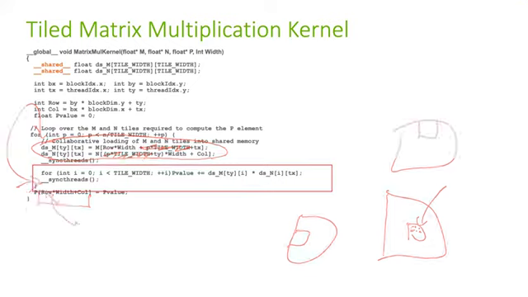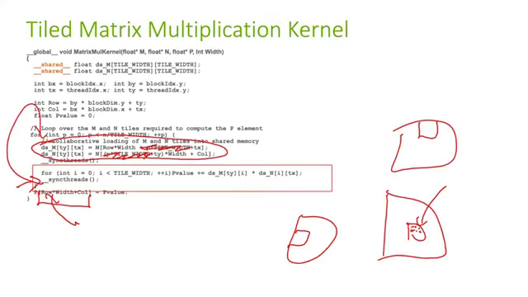To make the load more efficient, and we'll talk about this probably today, you're not necessarily just loading the exact same value in M and N that is your product value, if that makes sense.